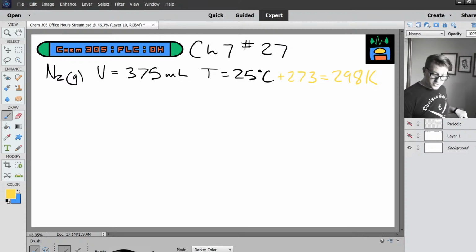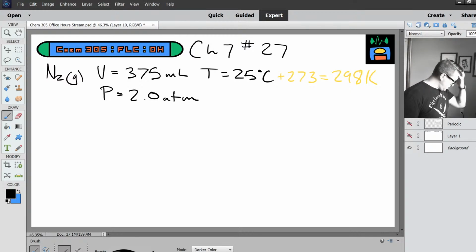Okay, and we're given also a pressure of 2.0 atmospheres. And then it says determine the temperature in Celsius at which volume the gas would be. Okay, so this is important.